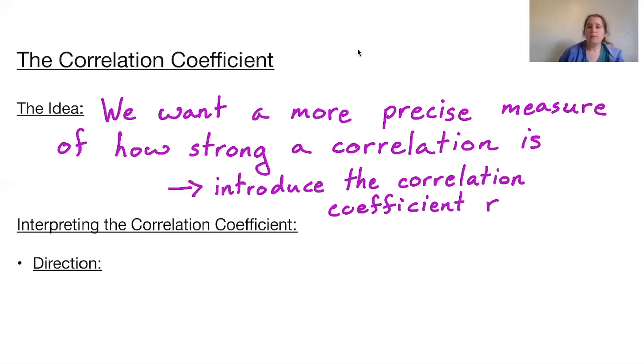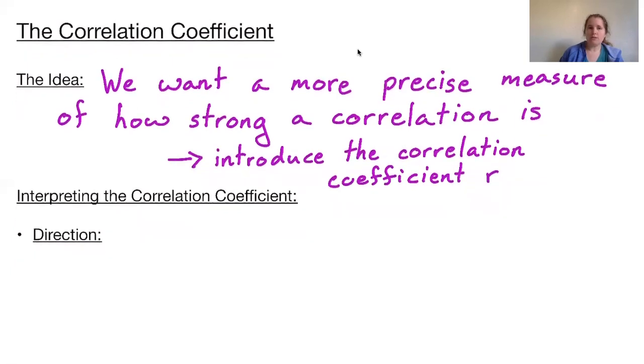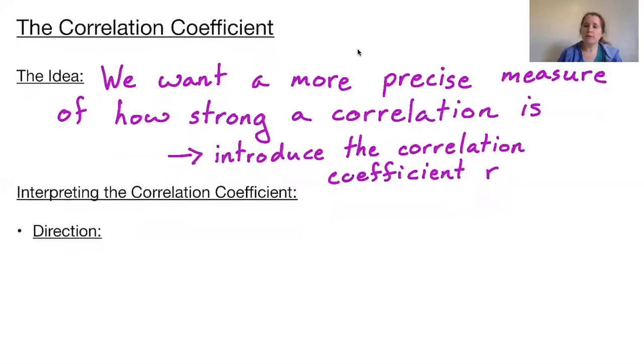So some things to keep in mind for the correlation coefficient. The correlation coefficient will always fall between -1 and 1.